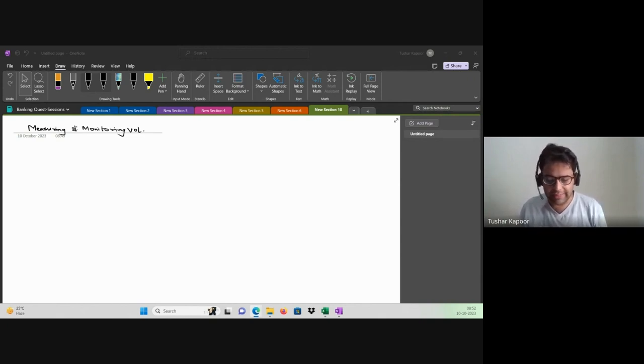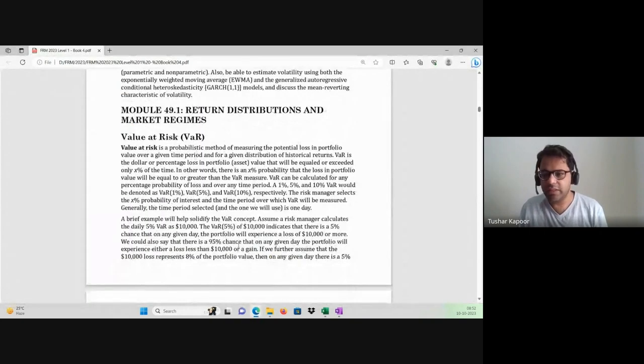Having said that, the chapter begins with a discussion on value at risk, which we all understand by now. It is actually a one-sided tail test which is giving you what would be the chance of the loss breaching a particular threshold limit within a particular time period and with a certain defined confidence level.